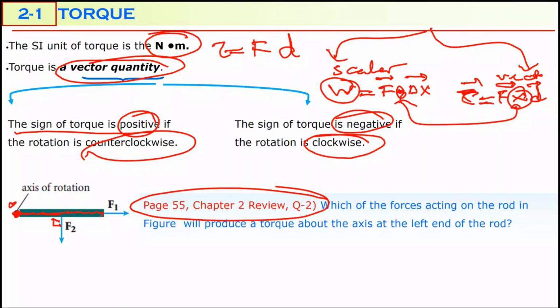If a force's extension passes through the axis of rotation, then this force cannot produce a torque. Torque 1 is 0, but the second one produces a torque: F2 times that distance. Simple, but a ministry exam question.